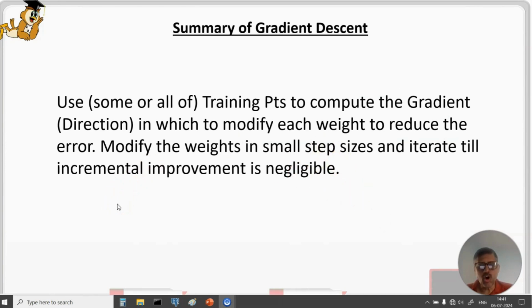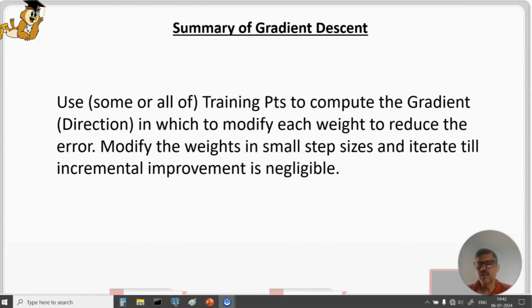Use some or all of the training points to compute the gradient, which is the direction in which to modify each weight to reduce the error. Okay. Modify the weights in small step sizes and iterate till incremental improvement is negligible. Okay. So this was the summary of gradient descent.